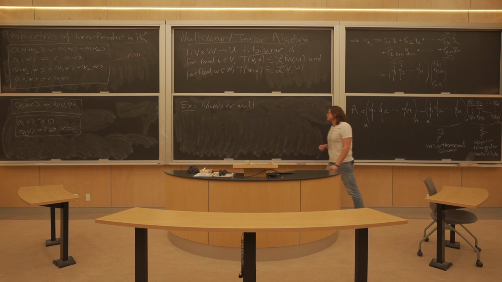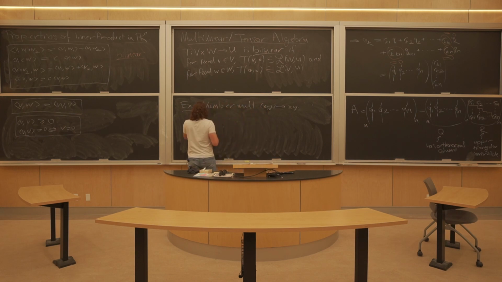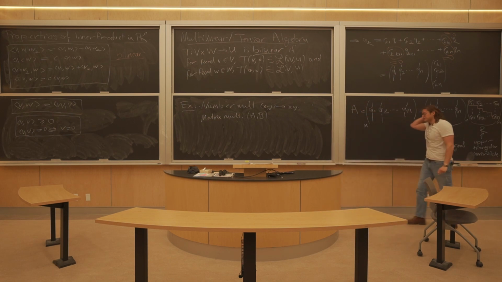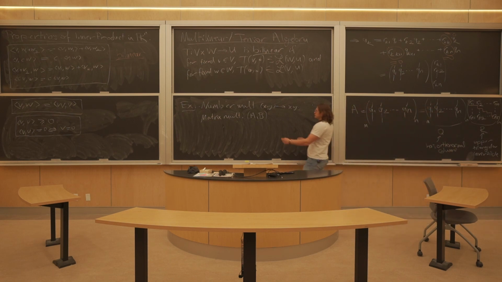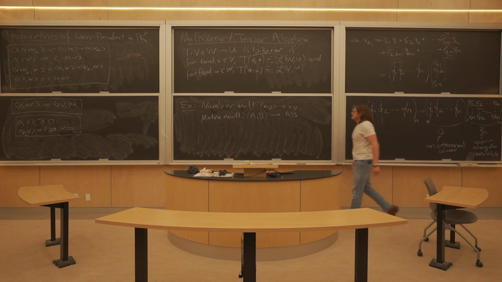Number multiplication, right? So (x, y) goes to x times y. Matrix multiplication. Now my vector spaces are spaces of matrices of appropriate dimension, of course, and I send it to A times B. This is not a linear transformation, but it is certainly bilinear.